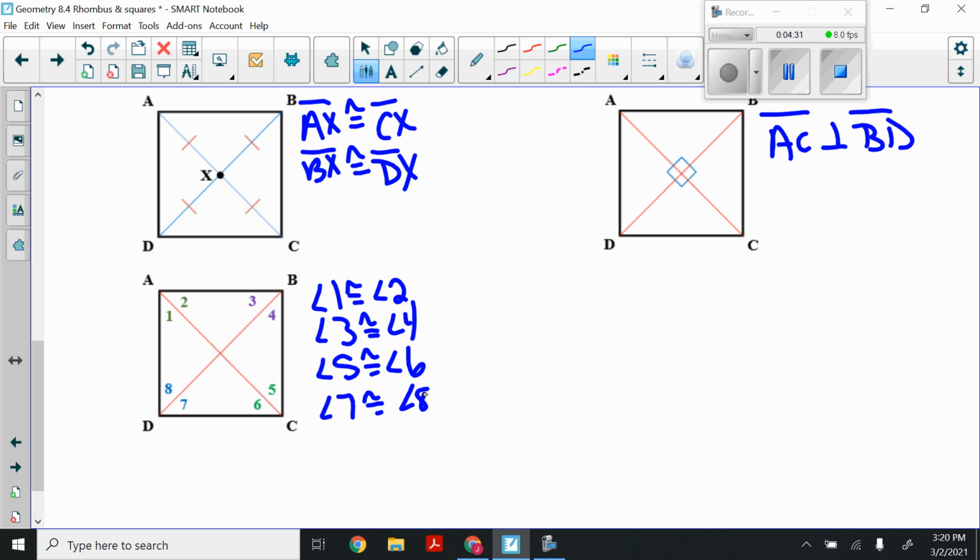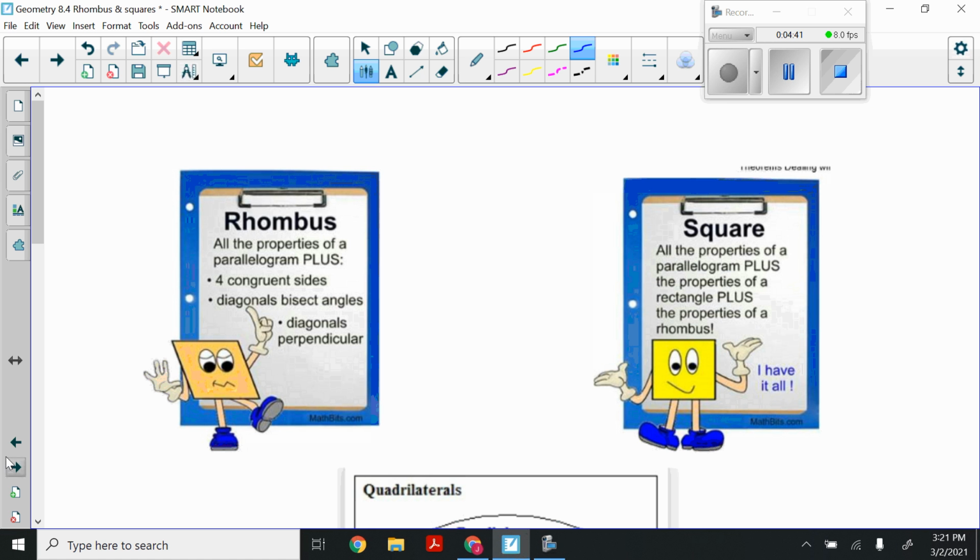All those properties make up a square along with 4 right angles and 4 congruent sides. So let's look at properties of a rhombus, properties of a square. Okay? So a rhombus, all the properties of a parallelogram plus 4 congruent sides.